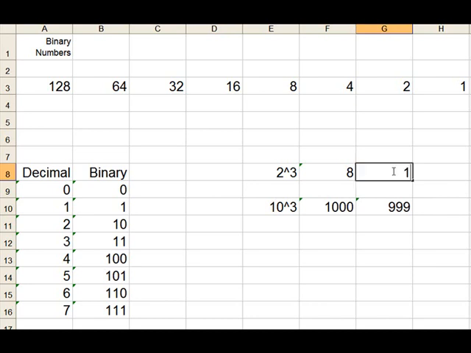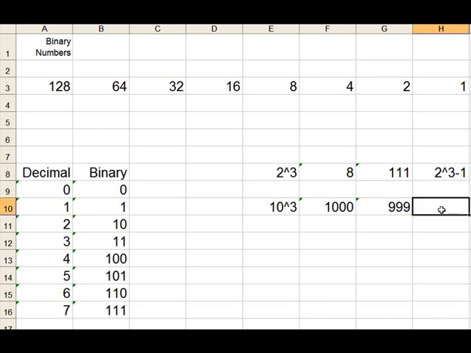And in binary, 111 is the largest value you can represent in 3 binary places. 2 to the power of 3 is 8. And 10 to the power of 3 is 1000. So we might say that the largest value you can represent is 2 to the power of 3 minus 1.